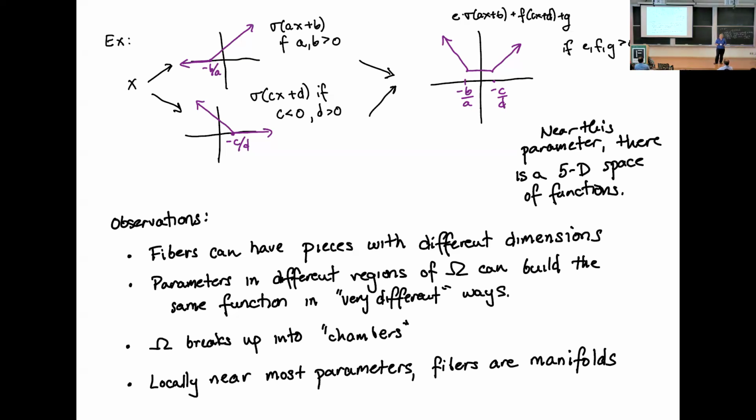So what we're observing is that fibers in this setup can have different dimensions in different places. Fibers can have pieces that have different dimensions. Maybe this example doesn't show this, but hopefully you can believe that parameters in really different regions of your parameter space can build the same function in very different ways.